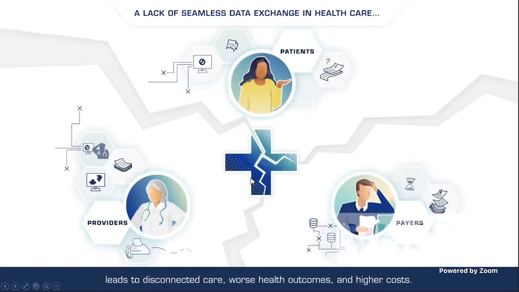And I'm going to go through a few slides here. I know that there's been lots of chatter about the CMS and ONC interoperability and 21st Century Cures Act rules that were finalized this week. And I will get to those in a second. I'd love to walk through those.